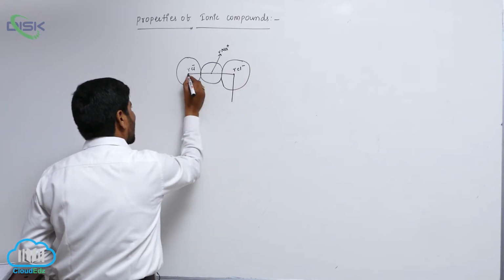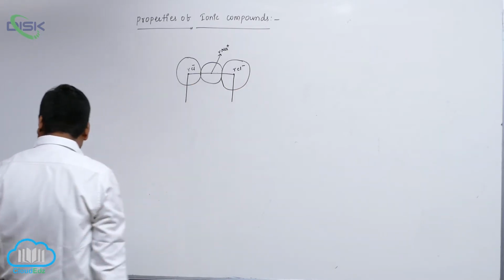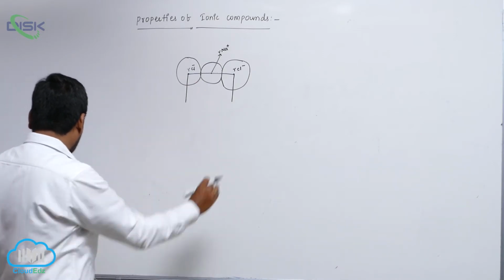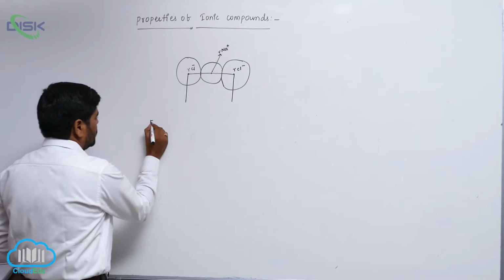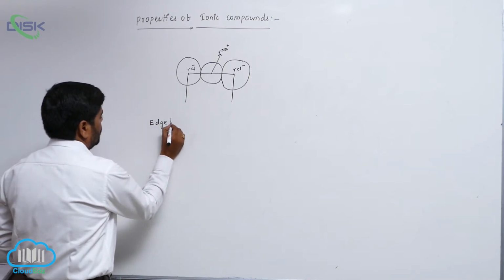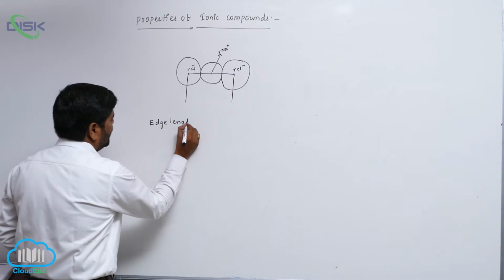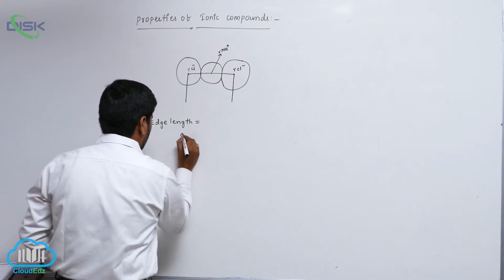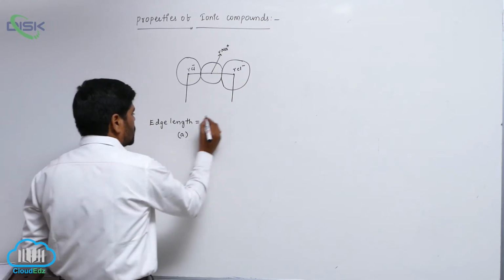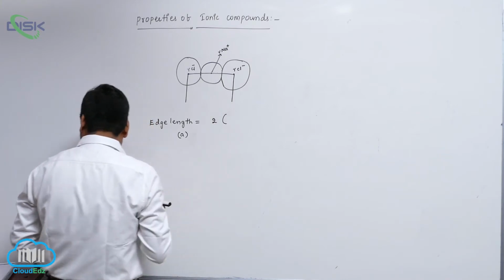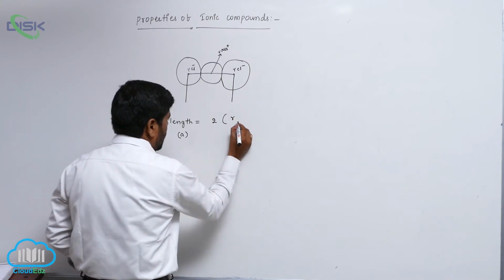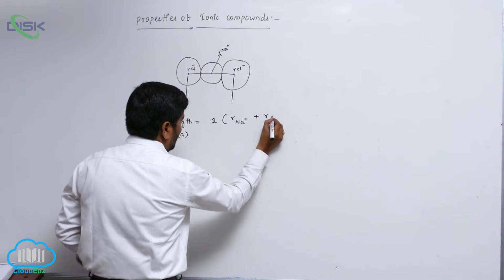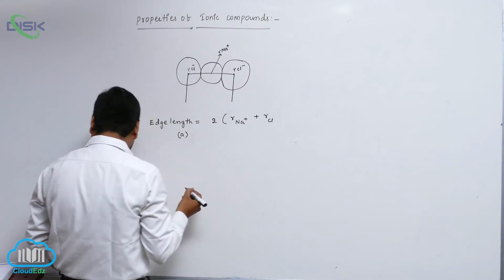This particular distance is known as bond length or edge length. This particular distance is known as what? Edge length. So the edge length, represented by a, equals 2 into the radius of Na plus plus the radius of Cl minus.